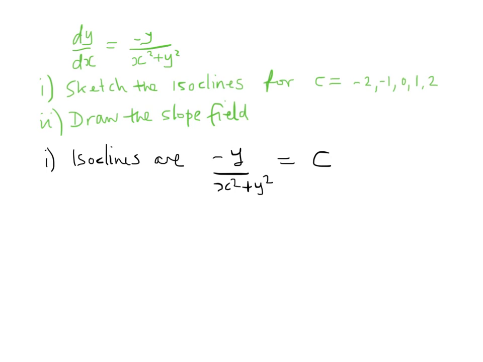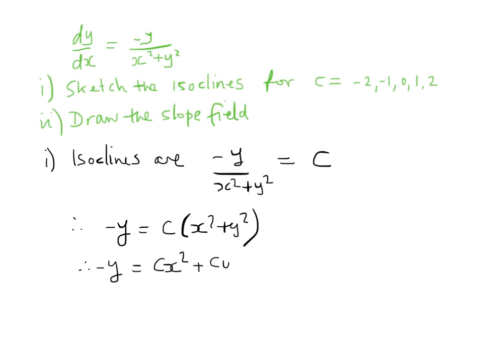So let's multiply through by x squared plus y squared. And we're going to rearrange this by multiplying out the brackets. And now we're going to put everything onto one side. So we're going to say that this is cx squared plus cy squared plus y equals 0.